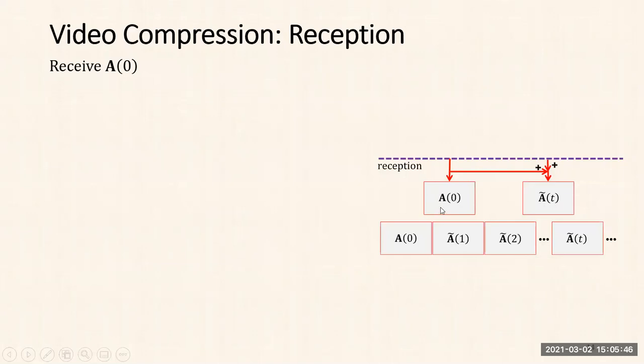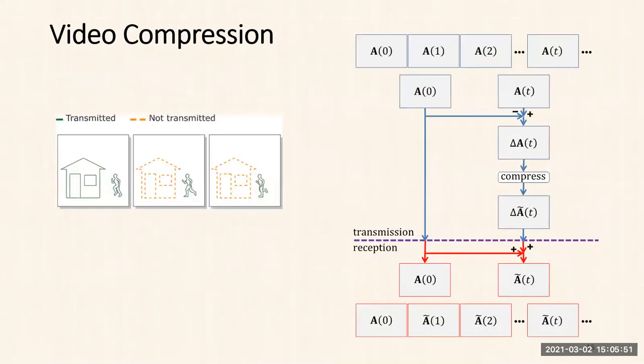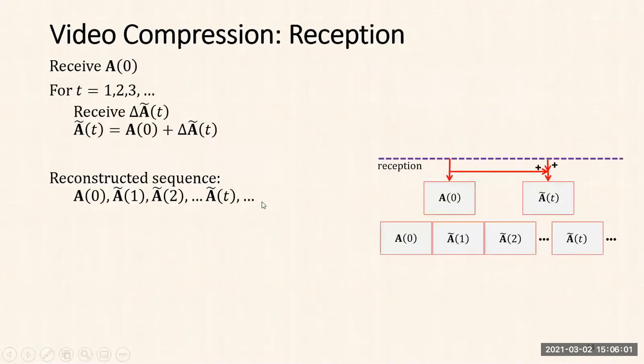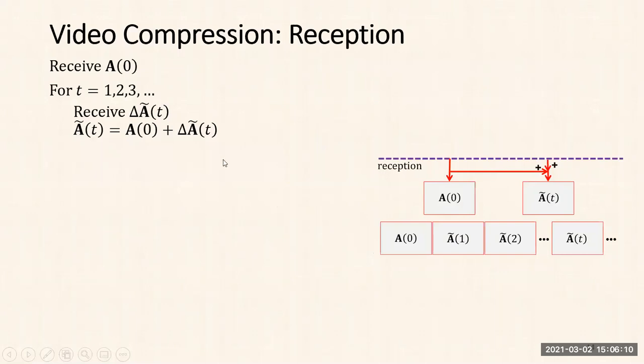A0 is received, and then the delta A tildes are being received. So instead of delta A, the actual difference image, we are getting a compressed version of it. Then we add this to A0 at the receiving end.